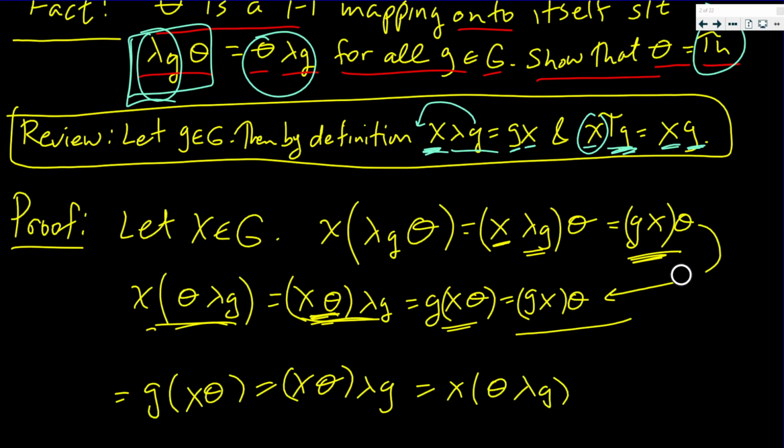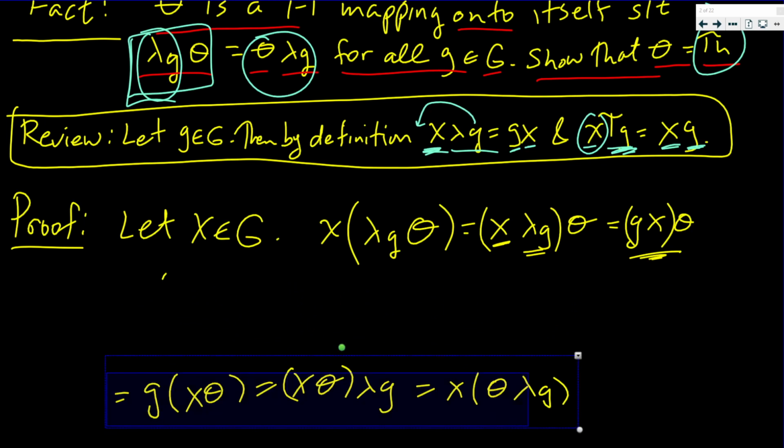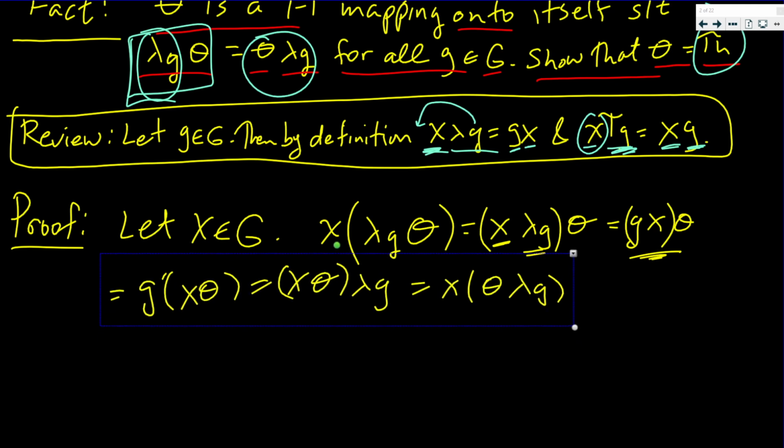So we don't really need this, and all I'm going to do is bring this up. There's only one expression or one equality that shows this. Okay, so now what we have is this.